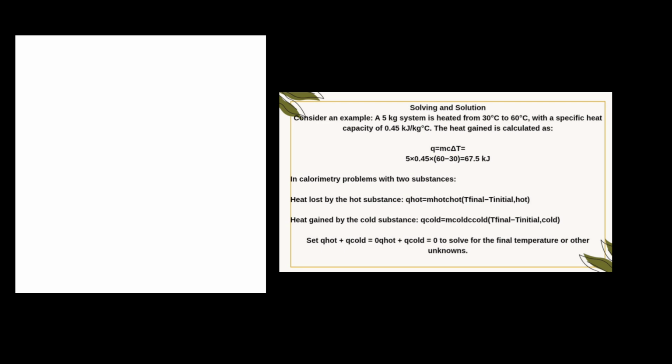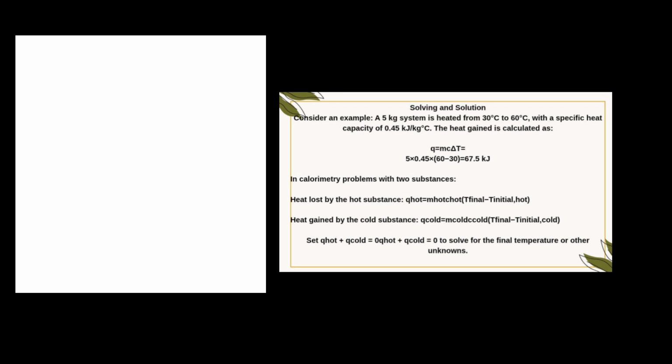A 5 kilogram system is heated from 30 degrees Celsius to 60 degrees Celsius with a specific heat capacity of 0.45 kilojoules per kilogram Celsius. We will calculate it using the formula Q = mcΔT. We should find ΔT first since we already have all other factors in the problem.